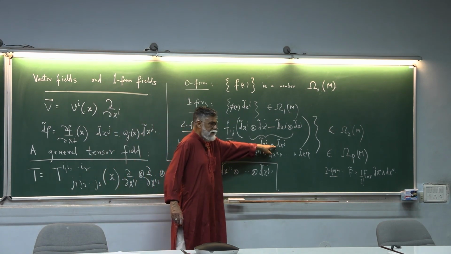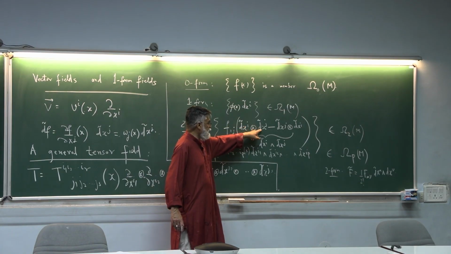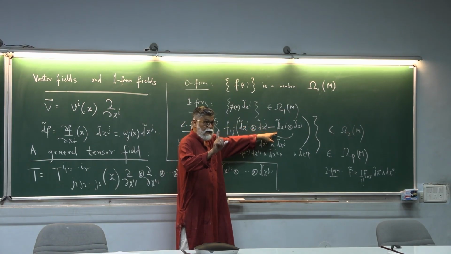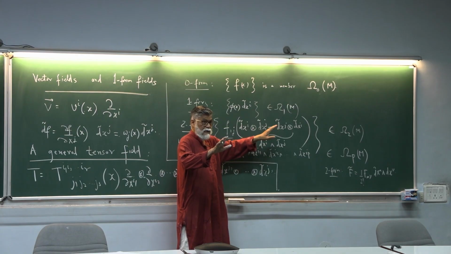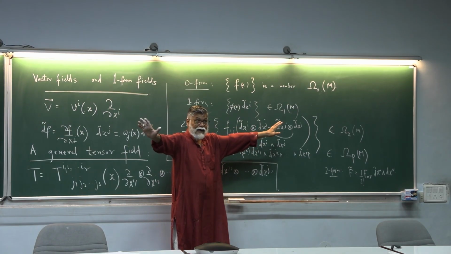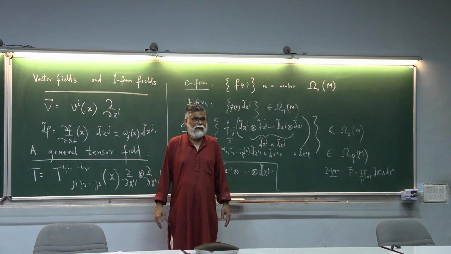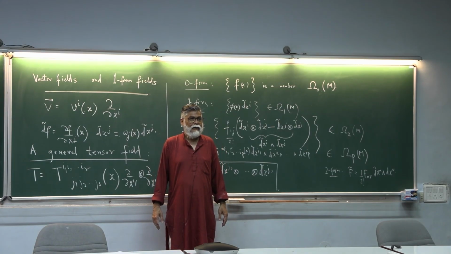dxi wedge dxj by definition is dxi tensor product dxj minus dxj tensor product dxi. This is only about product of two 1-forms, not about wedge products of general p forms. So if alpha is a p form and beta is a q form, what will be the wedge product?